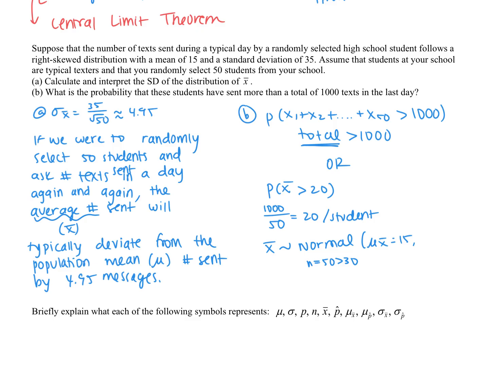And then the standard deviation we already talked about is 35 over root 50. That is a probability of about 0.1562.